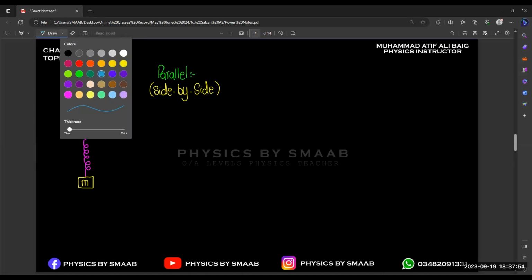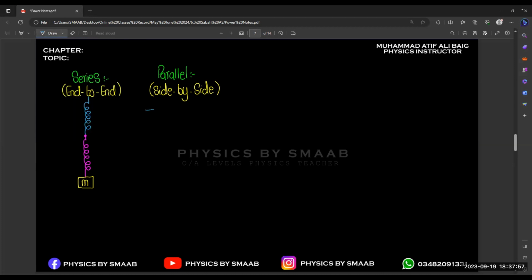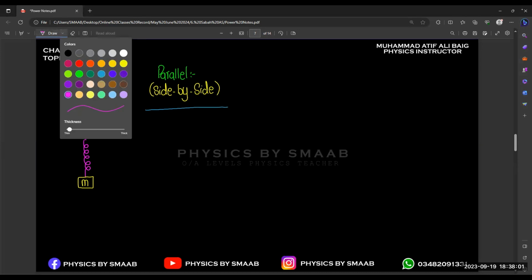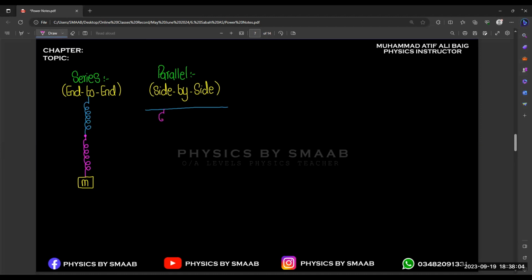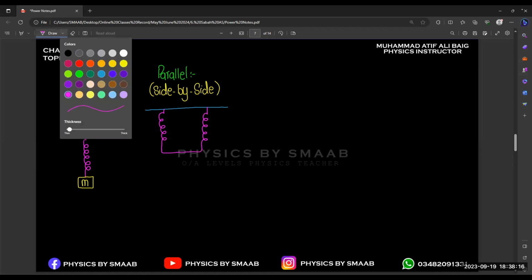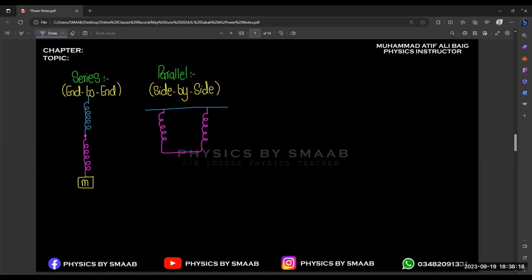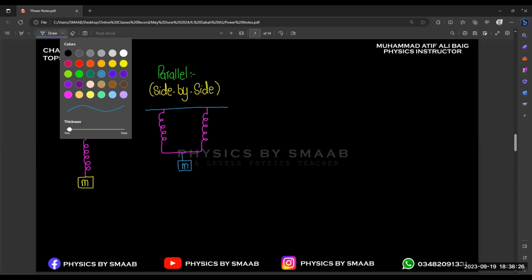Side by side means if we just connect two springs like this, join those two springs and connect one load with them, your extension will be different as compared to the first situation.